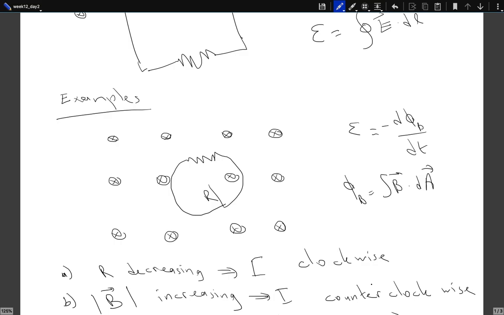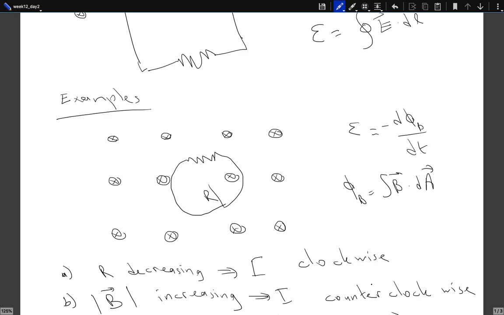In the previous cases, it was the motion of the wire which was causing some work to be done on the moving charges. But now, if we change B without moving the wires, still there is an EMF. That can only be if there is an electric field in the system. So if we are changing B in this example, what we are actually doing is creating an electric field in the system, and that electric field is pushing the charges along the wire.